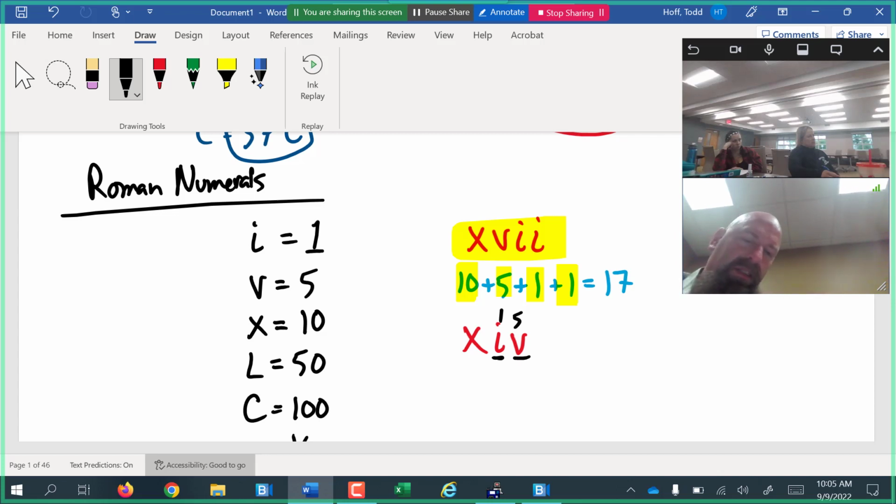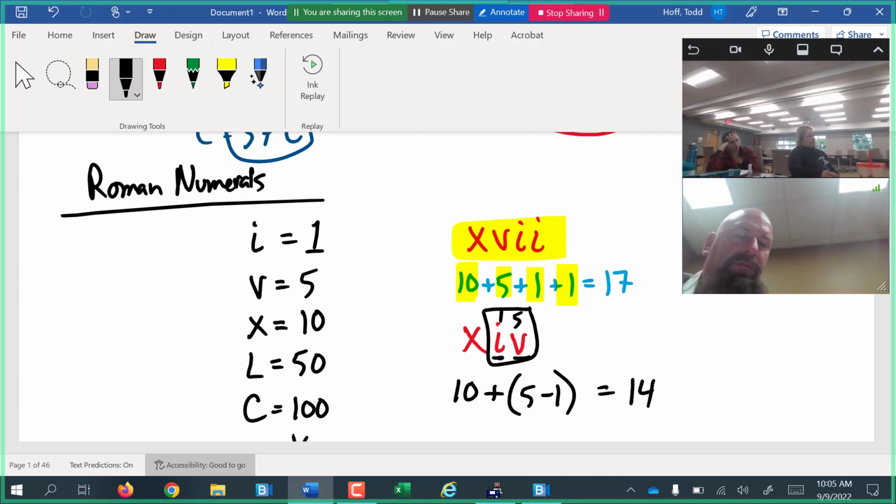The X is still a 10 because it's followed by a smaller symbol. The I is followed by a larger symbol, so we are subtracting 1. Those symbols serve as a single unit. So to the 10, we are adding 5 minus 1. That ends up being a 14.